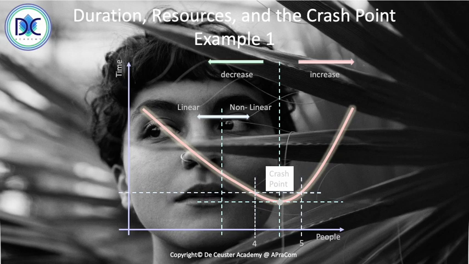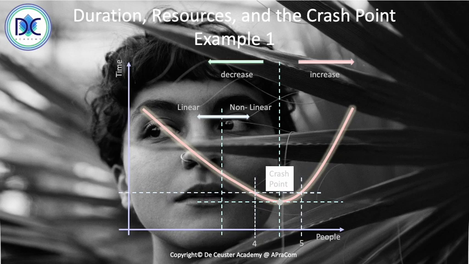We see a linear and a non-linear part, and to the left of the crash point, we see that there is a decrease of the duration, while at the right-hand side, at the right of the crash point, we see that there is an increase of the duration.